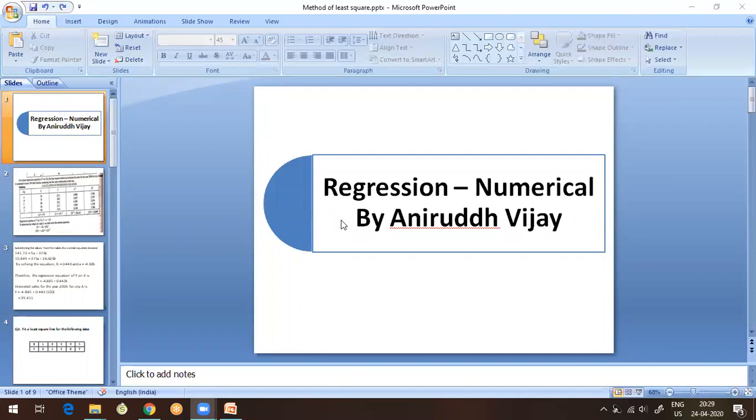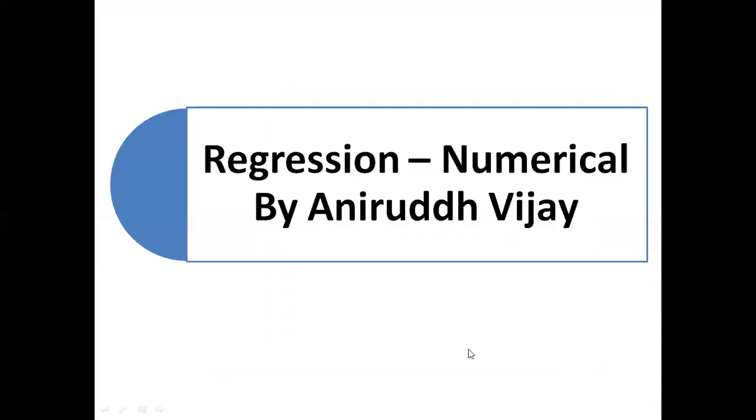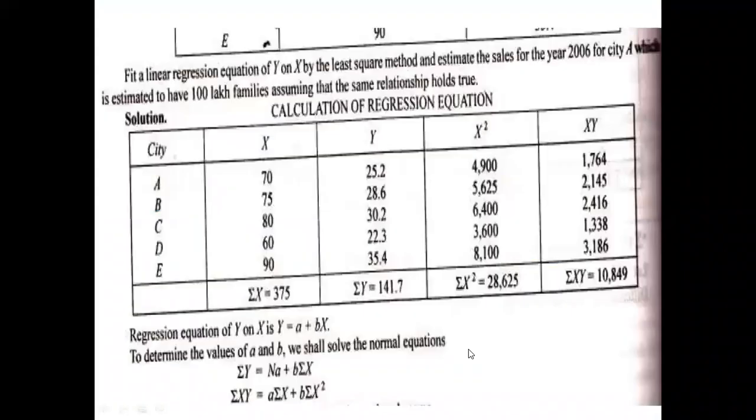So we start with the numerical part of this particular concept, regression, where we will cover the method of least square. So the question number one, which I have taken from the book S.P. Gupta, Business Statistics. Just go through the question, read it completely.